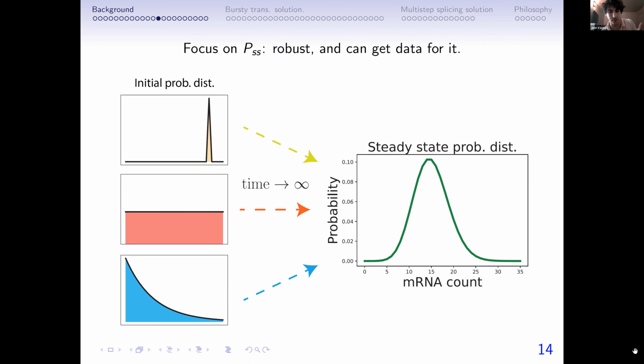So here in this little picture, you can see just whatever random initial distributions, if you wait long enough, which on experimental timescales you are, it looks like the same thing. So theoretically, it's very nice. And it also turns out to be true that you can get data for something like this, and people have, like in that PNAS paper I mentioned.